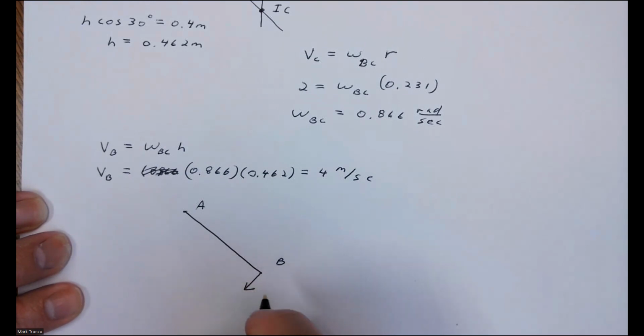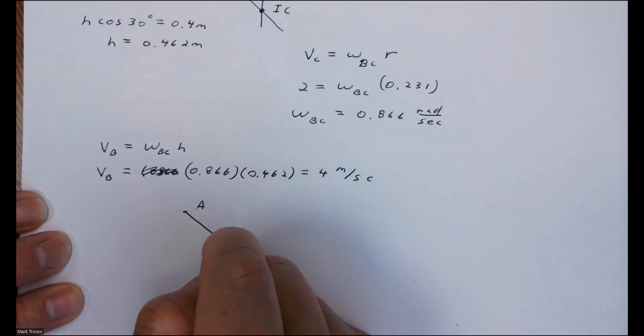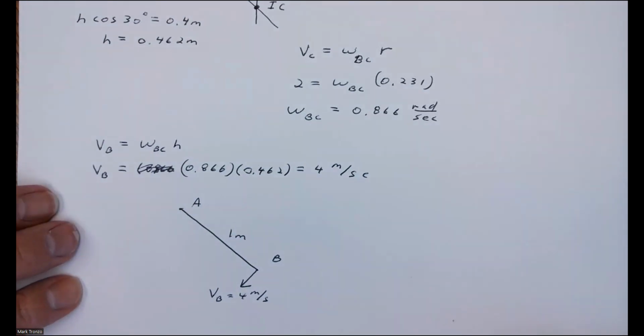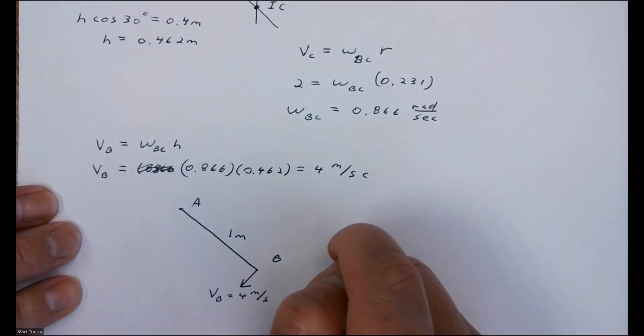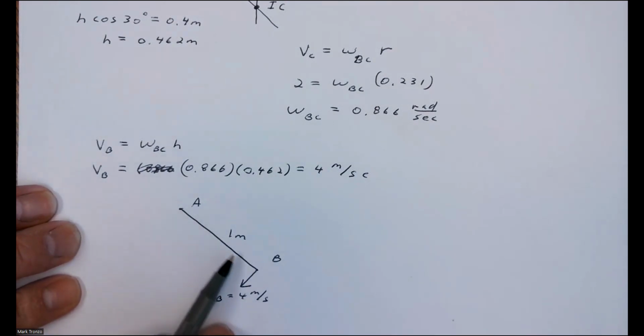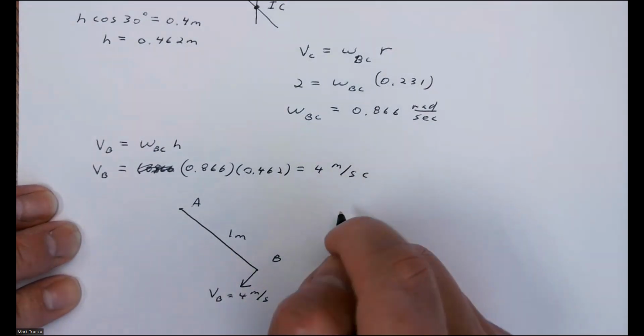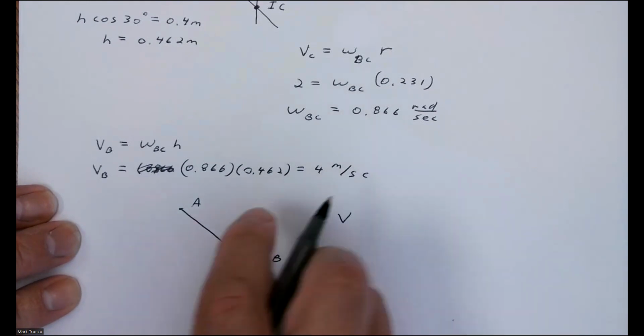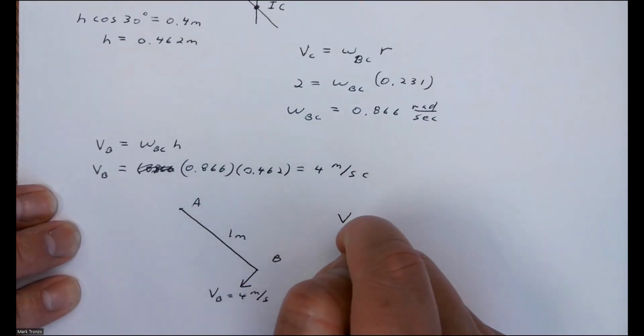We found out the velocity of B was 4 meters per second, and we know that this was 1 meter. So now again, we're looking at this link, and we know this velocity, but we don't know the angular velocity of AB.